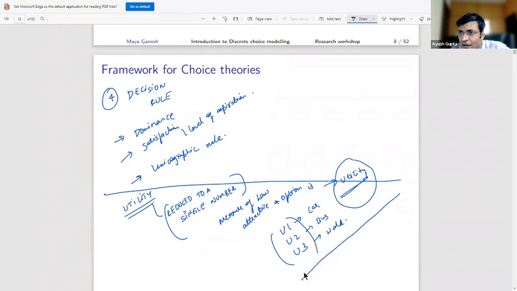So researchers over time have come up with these. Go back to what I was telling at the beginning, right? We are not prescribing, we are not telling the decision maker how to make a decision. The decision maker is making that decision, and we are observing, and we are trying to see what is the best way in which I can predict their choice, or explain that choice or behavior.